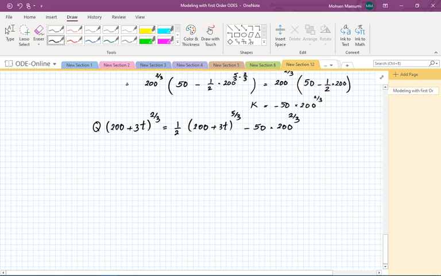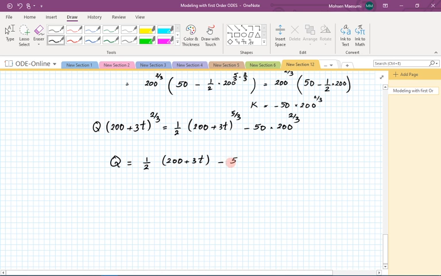Now I want my q, so I have to divide by this expression. I notice that this is the same base, so I'm going to subtract the two exponents, exactly what we saw here. So it's 1/2 times 200 plus 3t, 5/3 minus 2/3, that's just 1, so the exponent is just 1.